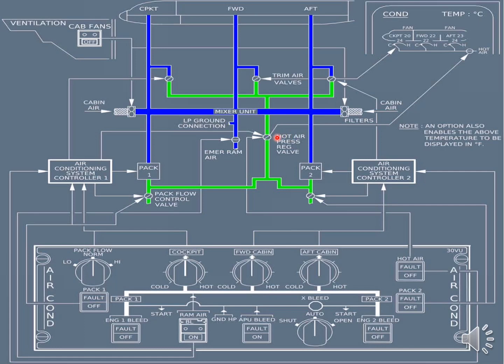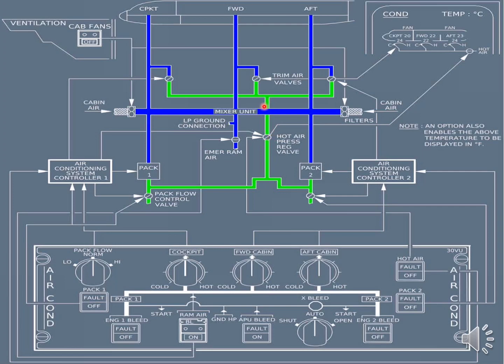Taking the previous example, the output we are getting is 20 degrees, but the forward and aft cabins demand 22 and 24 degrees centigrade. The hot air pressure regulating valve supplies hot air to modify and maintain 22 and 24 degrees centigrade.